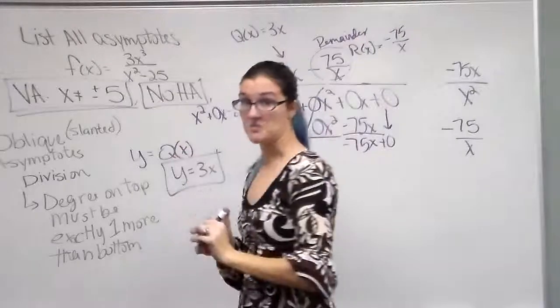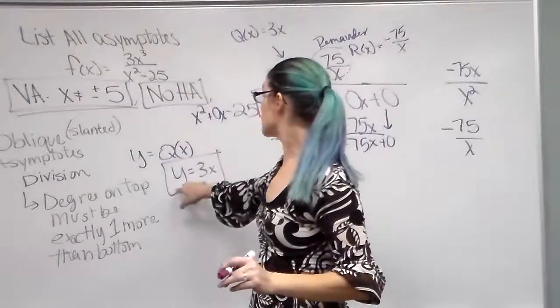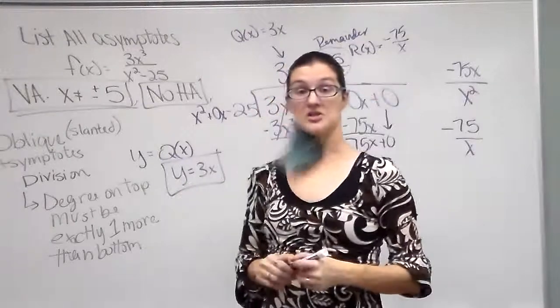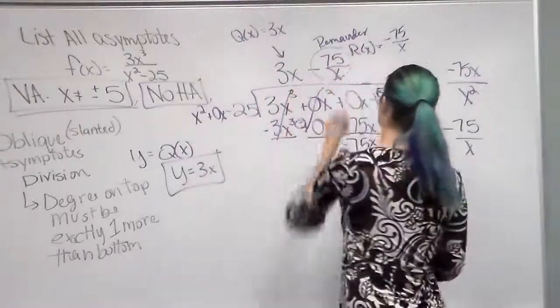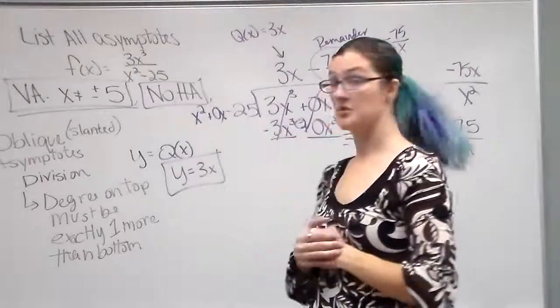So we had 2 vertical asymptotes, no horizontal, and then we had y equals 3x as our oblique or slanted asymptote, depending on how your instructor refers to it.